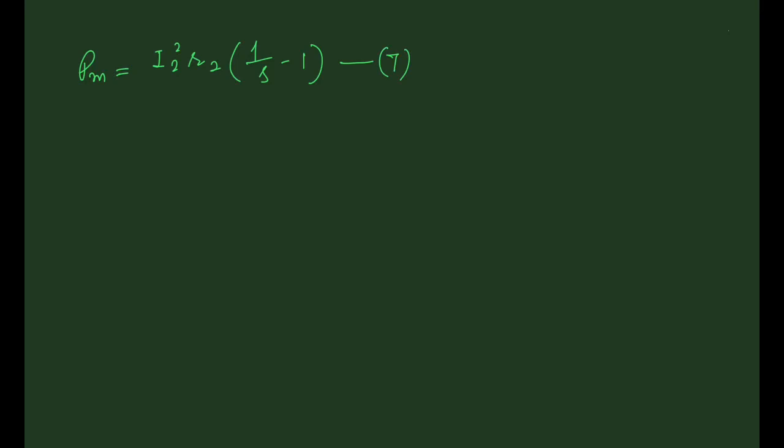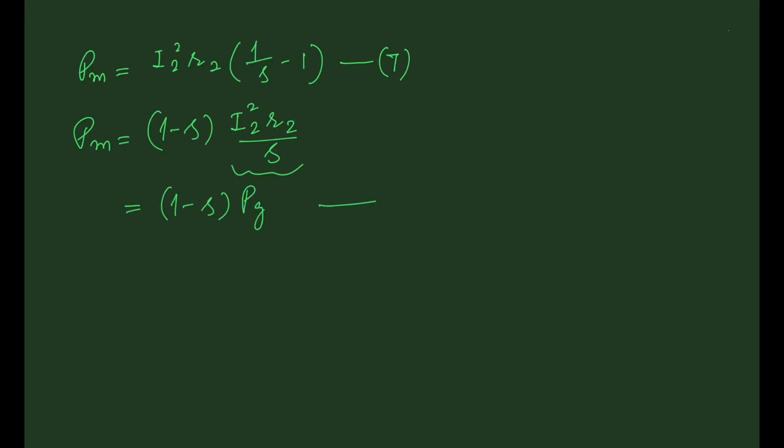Now, this equation can further be written, if we evaluate the quantity within brackets, as Pm equal to 1 minus S times I2 square R2 by S. And we know that this portion is equal to Pg, and hence it can be written as 1 minus S times Pg.